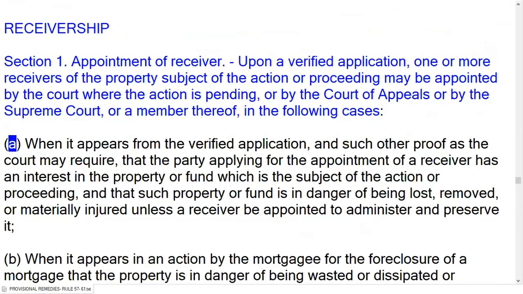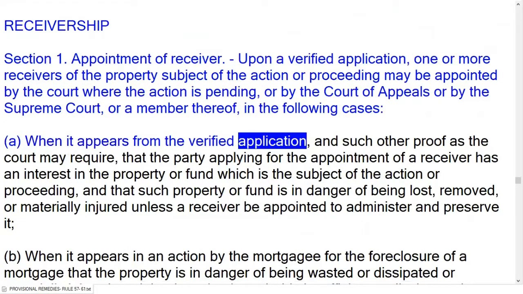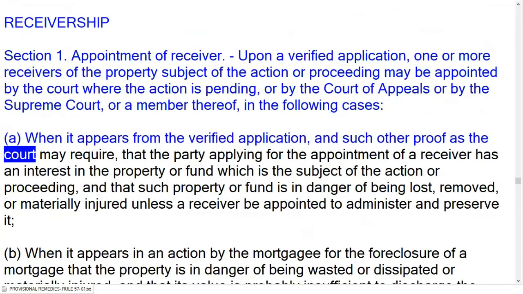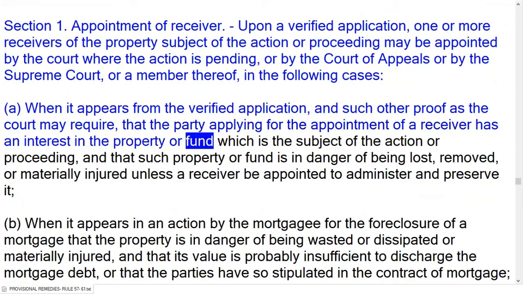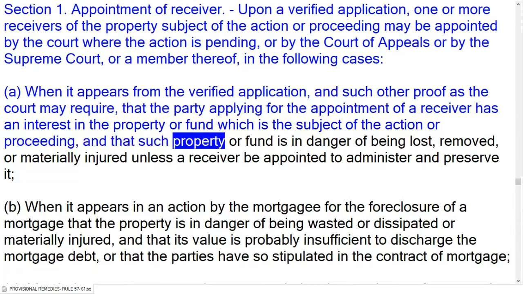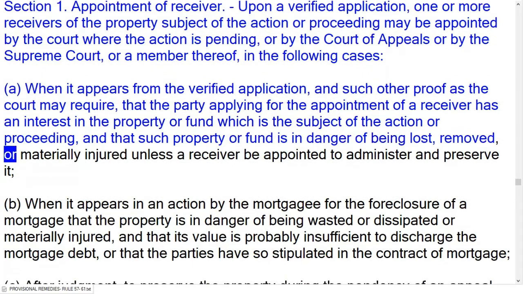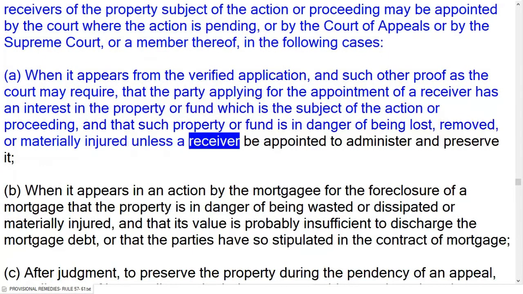A. When it appears from the verified application, and such other proof as the court may require, that the party applying for the appointment of a receiver has an interest in the property or fund which is the subject of the action or proceeding, and that such property or fund is in danger of being lost, removed, or materially injured unless a receiver be appointed to administer and preserve it.